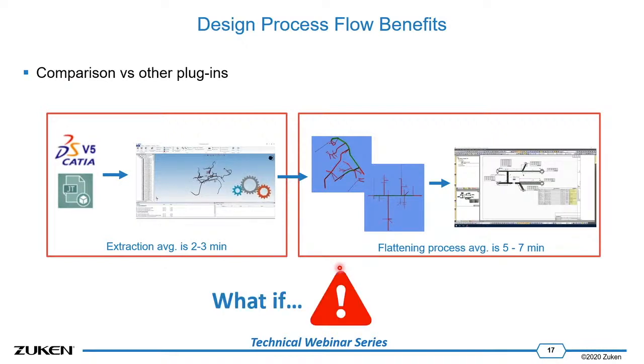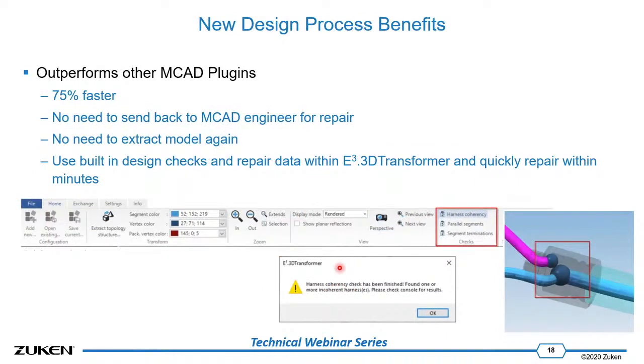Now, the same question is, what if we have errors within E3 in that extraction process? What makes E3 3D Transformer outperform these other MCAD plugins is there's no need to send it back to the MCAD engineer for repair, and no need to re-extract the model again. You have these design checks within the tool, and you can fix those on the spot within that same tool.